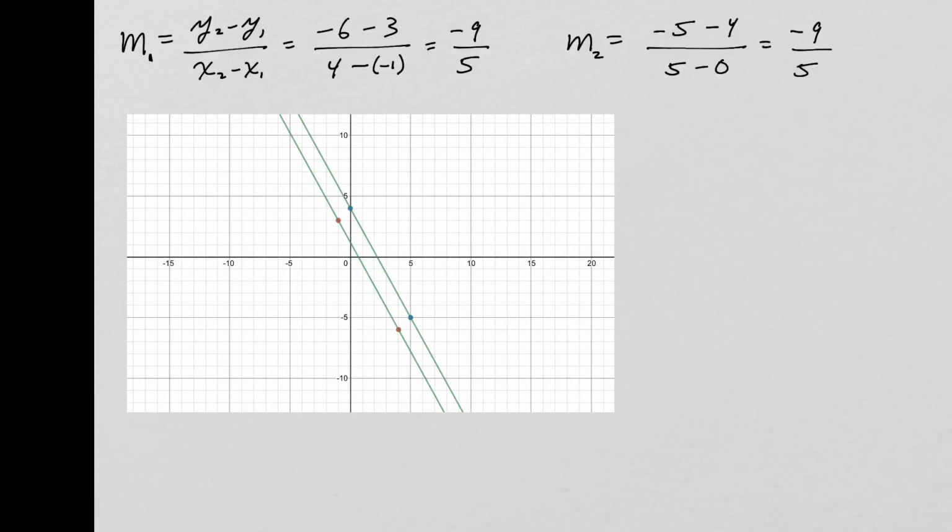They have the same slope, they're both -9 fifths, but they have different y-intercepts. The top line has a y-intercept of (0, 4), and this one is (0, 6 fifths I think). So the answer to this question is these two lines are parallel.